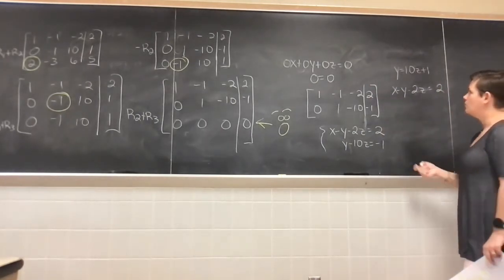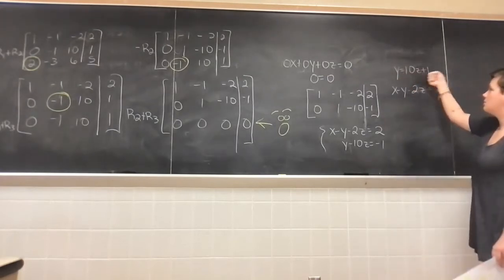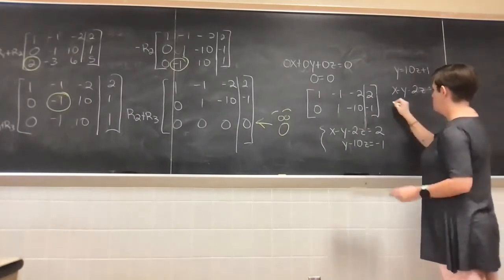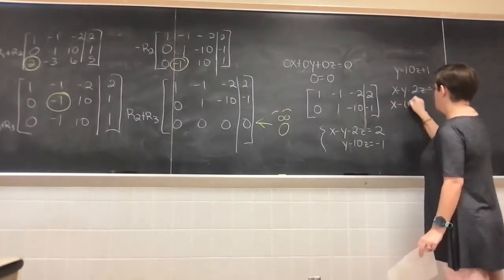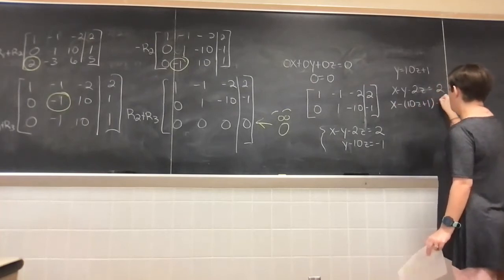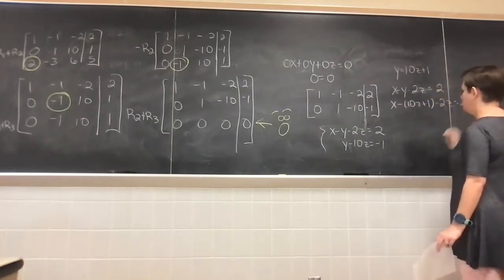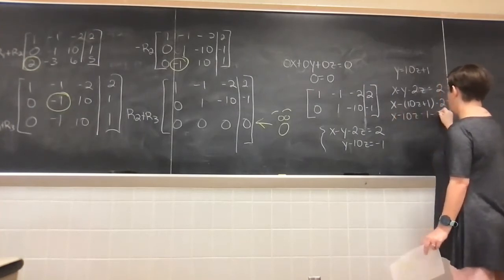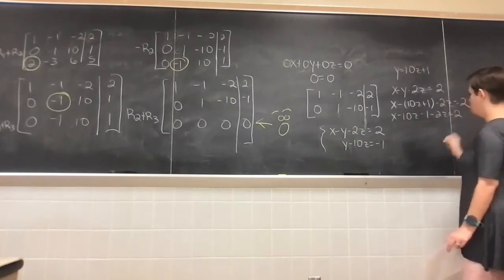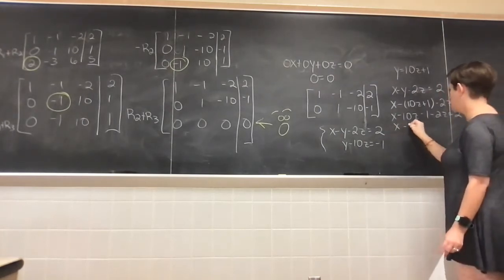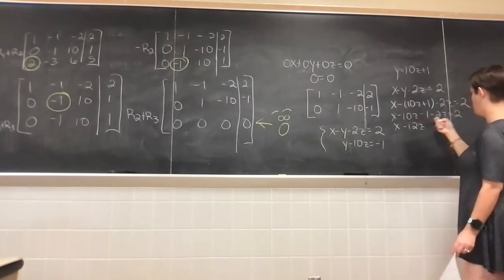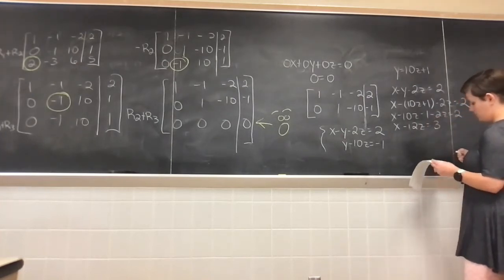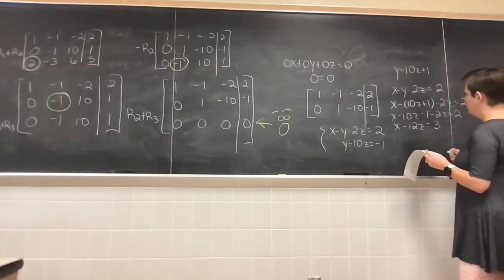So now everywhere that there's a y, I'm going to put in a 10z plus 1. So I have x minus (10z plus 1) minus 2z equals 2. x minus 10z minus 1 minus 2z equals 2. x minus 12z, I'm going to add that 1 over, equals 3. Wait a second.